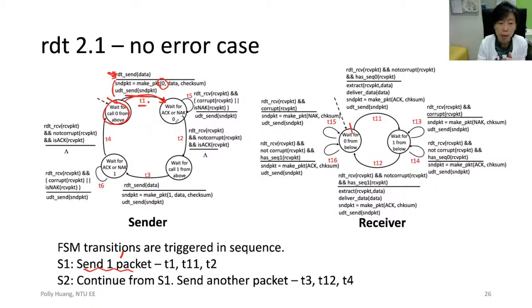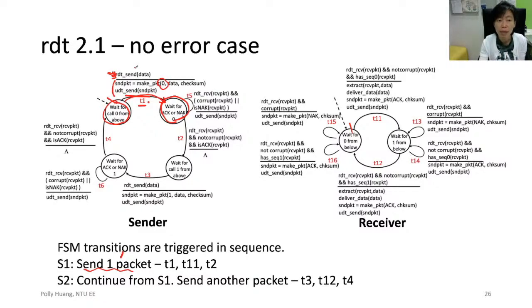At this point, the sender enters the wait for ACK or NAK 0 state, right? So very important, before you determine what transition to take next, what is the starting state right now? What are the possibilities? Are there multiple transitions one can take from the starting state? If there are, be careful. What is the triggering event?